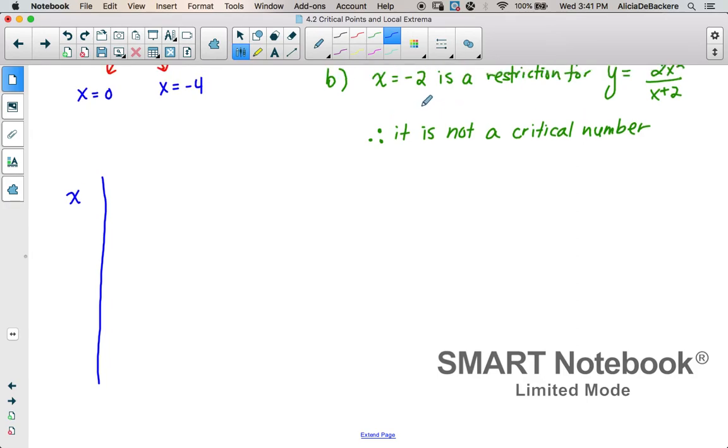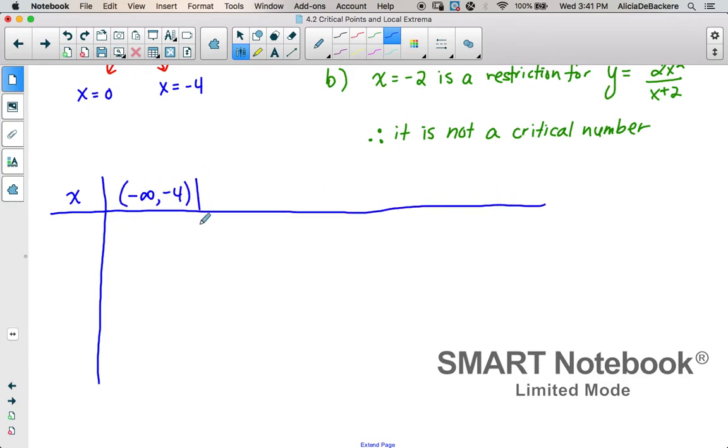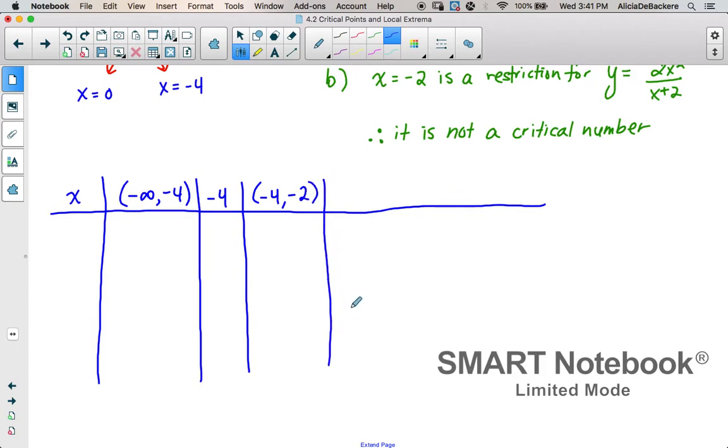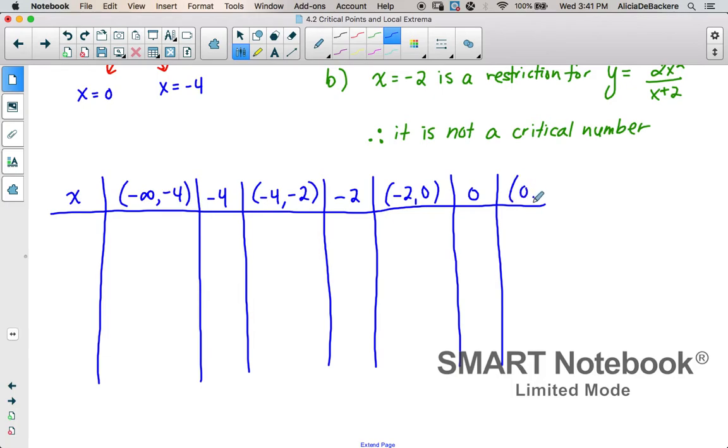So I still have three values, -4, -2, and 0 as I go across. Like you're hoping there's never more than 3, right? That's a big one. All right, we're going to come up with our test point.